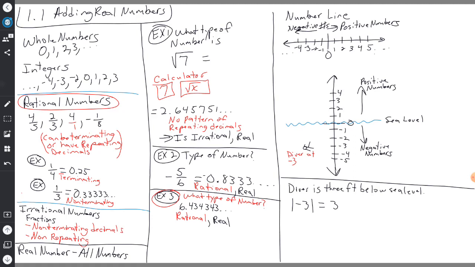As you can see already, that 43 is repeating as a repeating decimal. Irrational numbers cannot have repeating decimals. So therefore this cannot be irrational, and it is a rational number. And it's real. All numbers are real numbers.